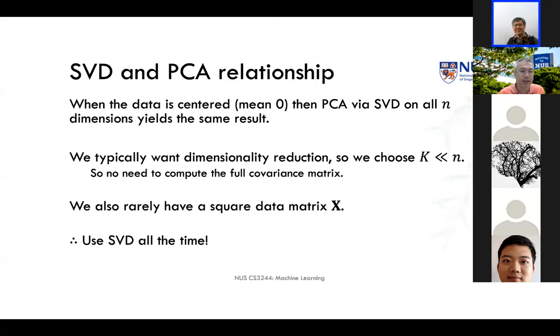So this is why SVD is the preferred avenue to accomplish PCA. We use SVD pretty much all the time for PCA because you don't need to compute all of the covariance matrix. You can just compute the approximation to whichever rank you want, and it doesn't require a square data matrix.